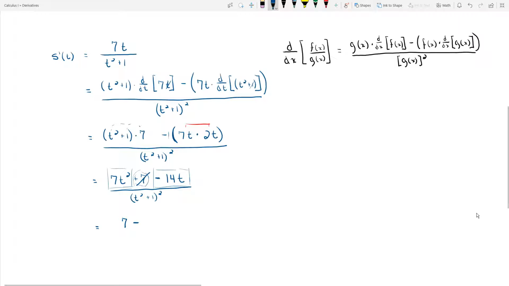And I'm sorry, this is actually negative 14t squared. 7t times 2t up here gives me 14t squared. Apologize for that. So 7t squared minus 14t squared is just going to be negative 7t squared. That is still over our denominator squared. And that is the reduced form of the derivative.